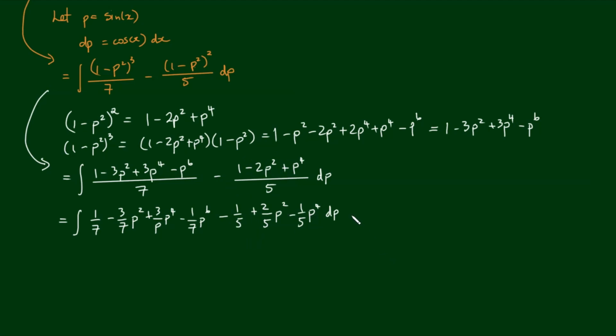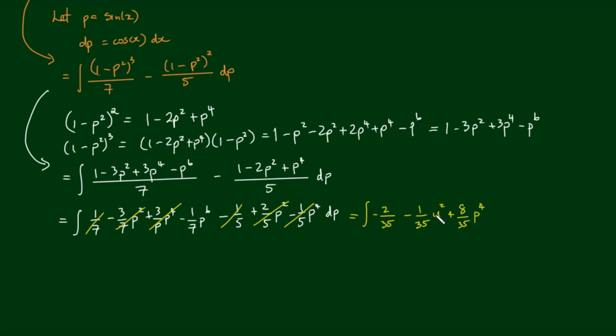Okay, so before we integrate, we'll make our final simplification. So we've got the integral. A 7th minus a 5th reduces to negative 2 on 35. Negative 3/7 p squared plus 2/5 p squared reduces to negative 1/35 of u squared. 3/7 times p to the 4th minus 1/5 of p to the 4th is equal to positive 8 on 35 p to the power of 4.